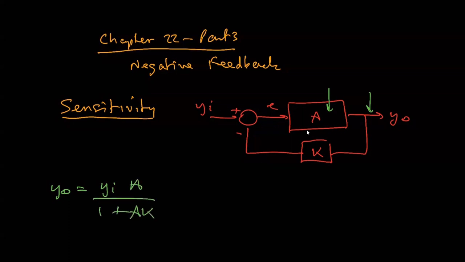So that's the feedback relation, which you've seen before. So the question now is, what would be the case if we changed A?